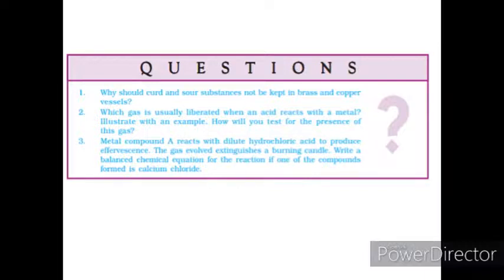Now our next question is, a metal compound A reacts with dilute hydrochloric acid to produce effervescence. The gas evolved extinguishes a burning candle. Write a balanced chemical equation for the reaction if one of the compounds formed is calcium chloride.